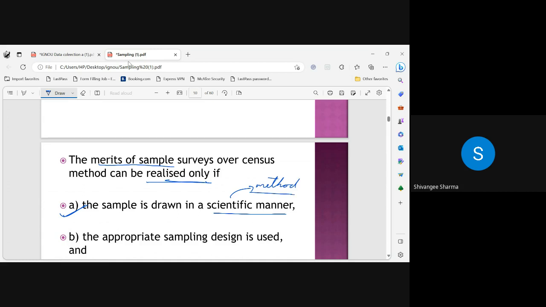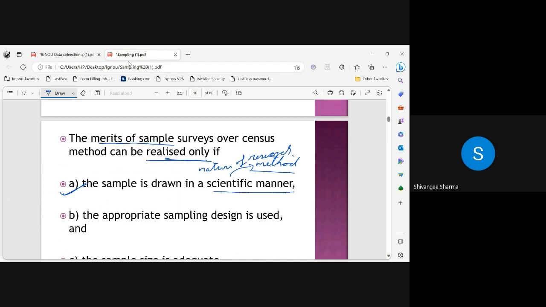It depends on the nature of research which you are doing, the nature of investigation which you are performing, what method or what type of technique you should use to draw a sample. If you have adopted the right technique, the correct method, and the correct formula for calculating sample, then yes, all the merits of sampling will be with you, right?